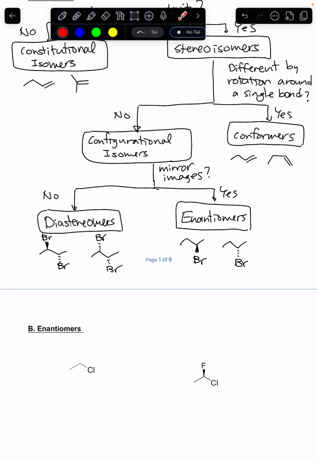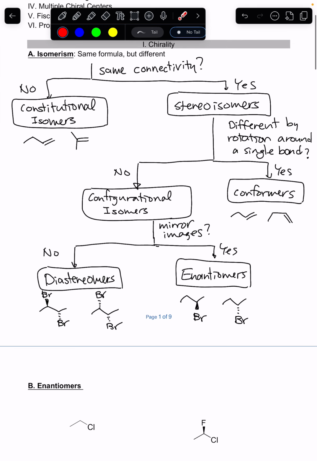This categorization really becomes important for you to be able to classify them, because molecules that are related as enantiomers would exhibit different types of property relationships than diastereomers and so forth. And so this is really important to understand for chemistry.